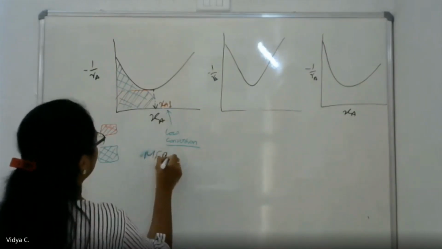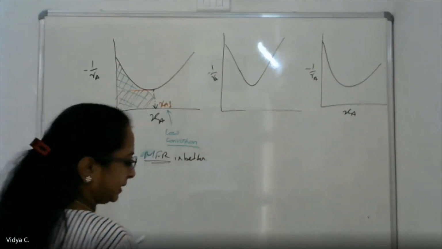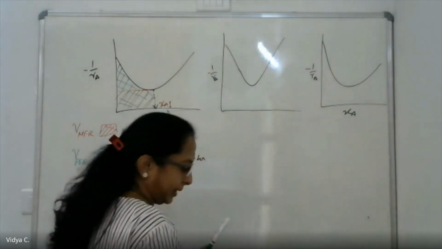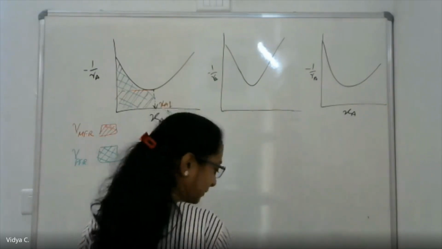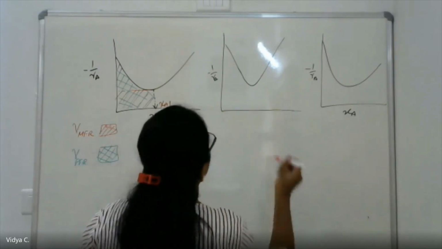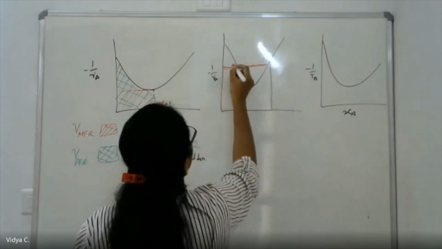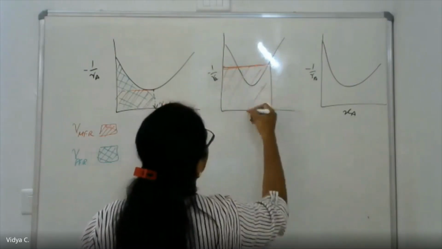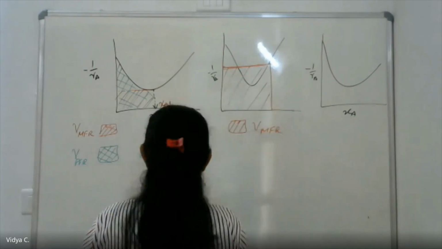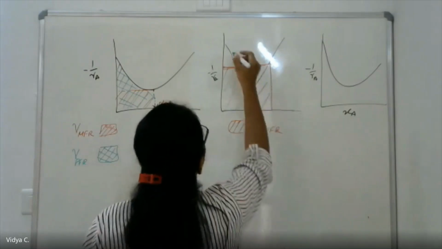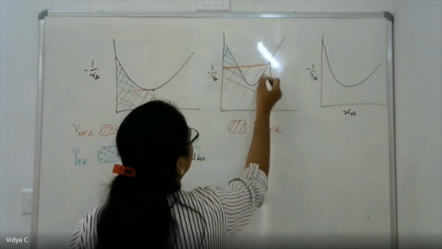So I say MFR is better here. MFR is better. And at certain conversion, if the nature is in this way, the volume of CSTR, the volume of MFR, and for a PFR I should bring a different direction.